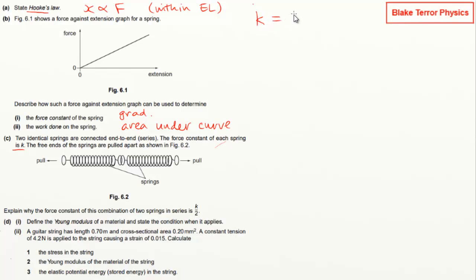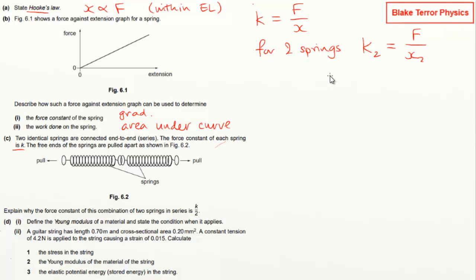So the force constant is the force divided by the extension. So for the two springs setup, we can say that the new force constant, let's call that K subscript 2, we've got the same F, but we've got a new extension, X subscript 2.